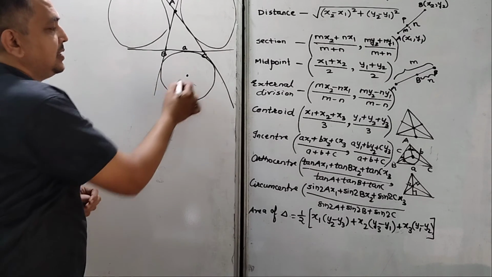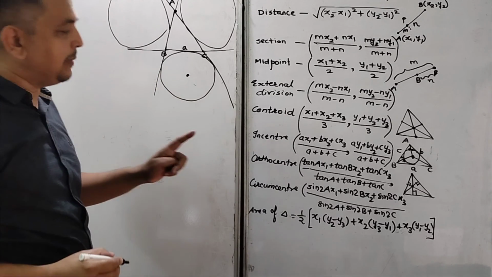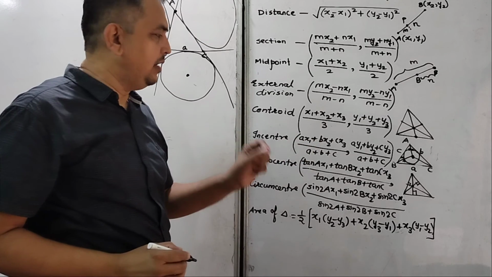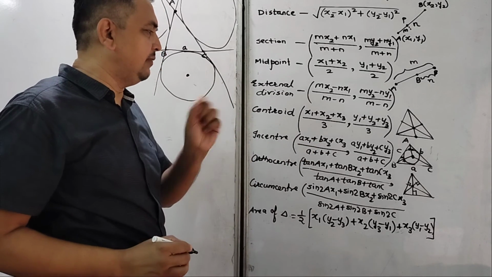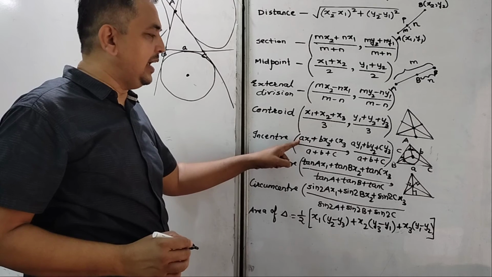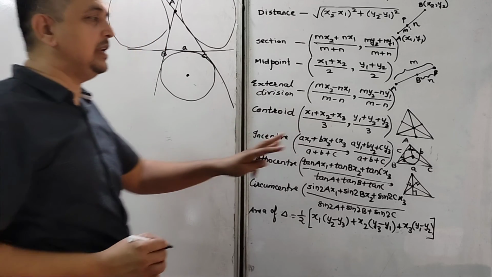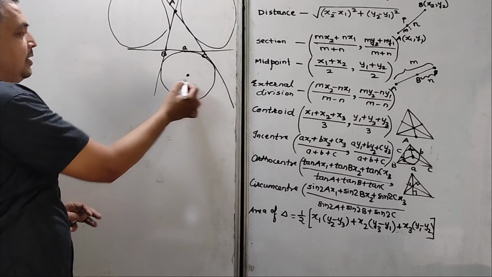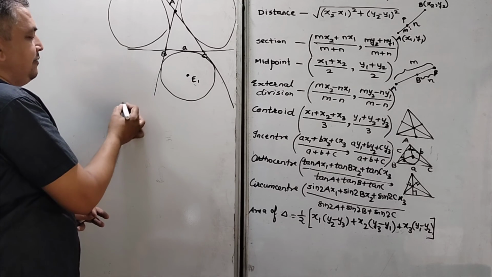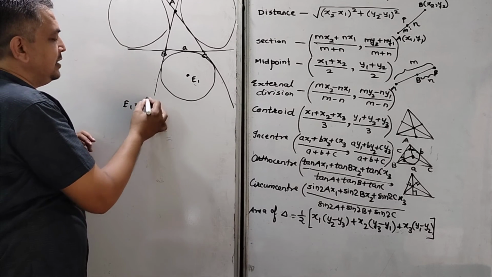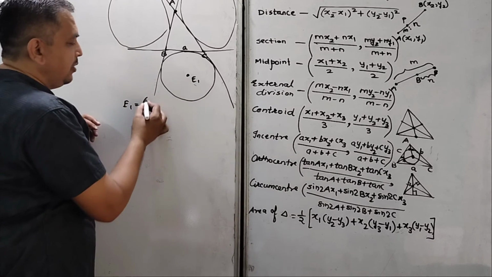Now this center formula is the same as the incenter with a minor correction. What minor correction? This A, we replace it by minus A. Rest of the thing is same. We name this center as E1 suppose, and so E1 is equal to, what will be the x coordinate?